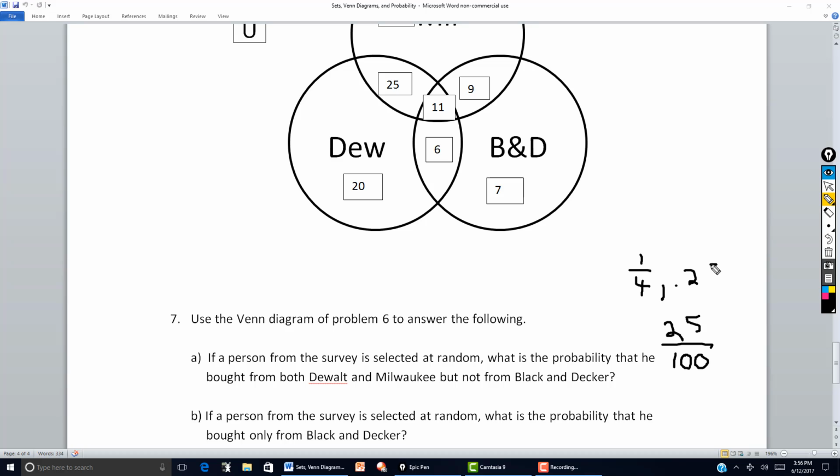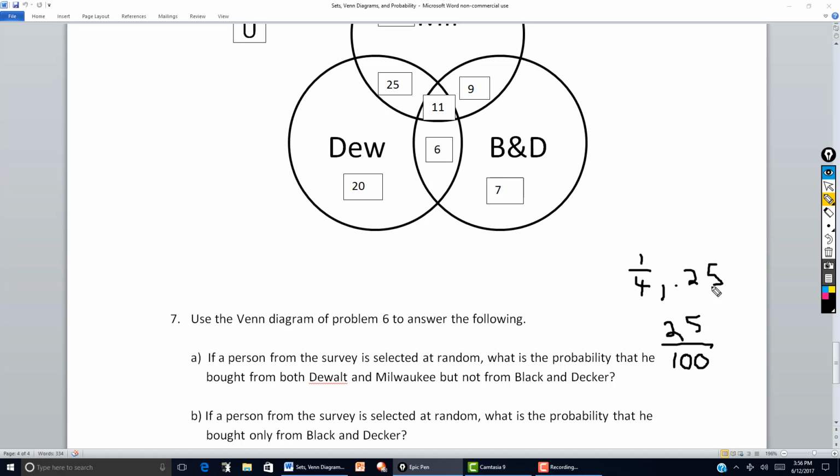So again, probability is given usually as a decimal or a fraction between 0 and 1. You can have a probability of 0, which means the event cannot occur. For example, if I have a die and I say, what is the probability of rolling a 7? Well, it's 0 because there's no 7 on it.